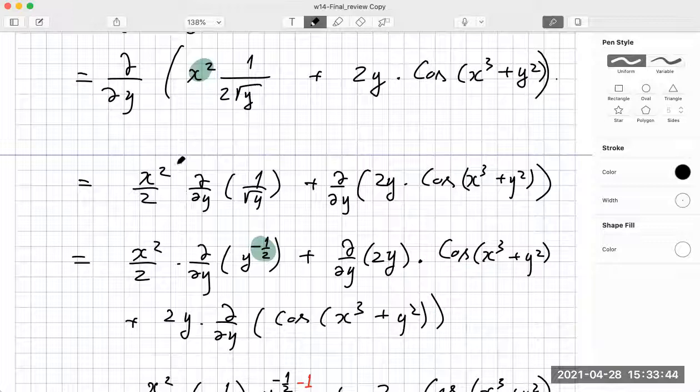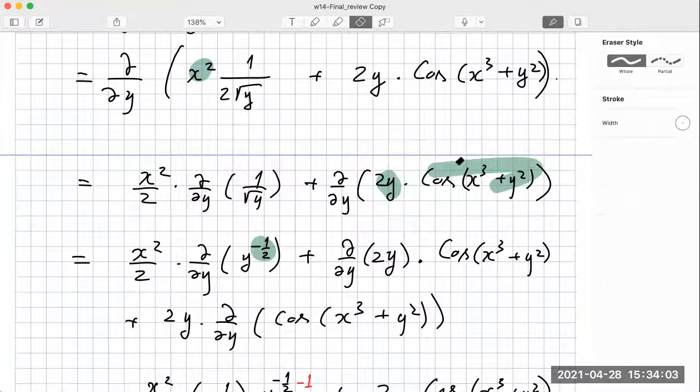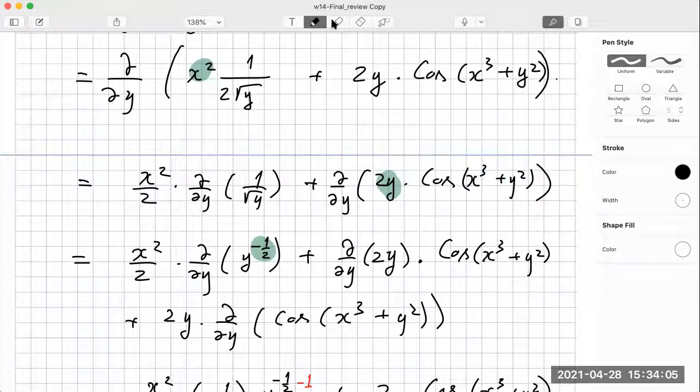So write it down. The number 2, we can take it out of the derivative. And then we take d over dy of 1 over square root of y here. Here again, remember, this is a product, two things depending on y. So we have to do it carefully.